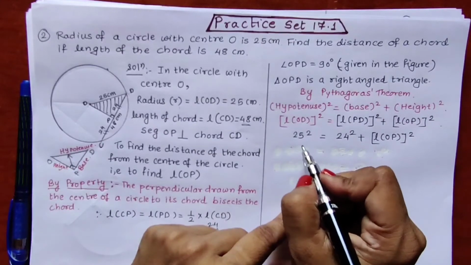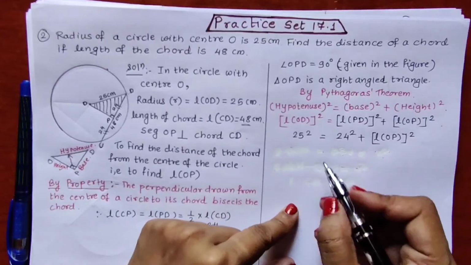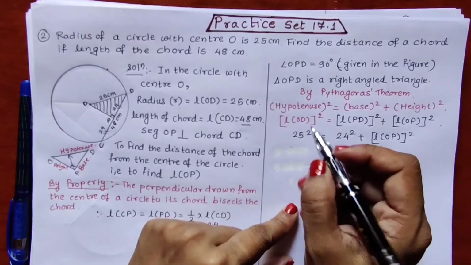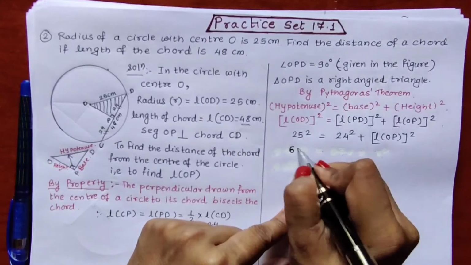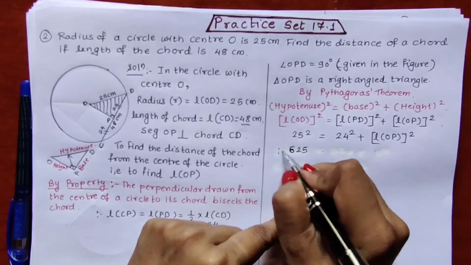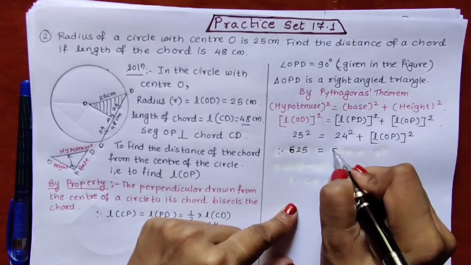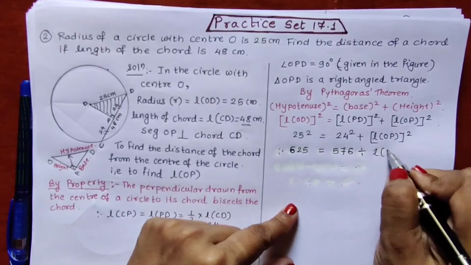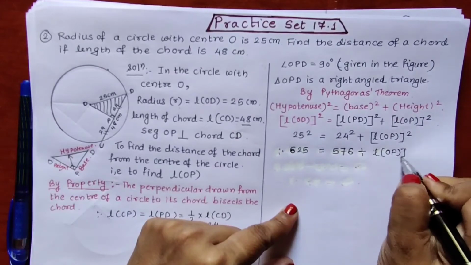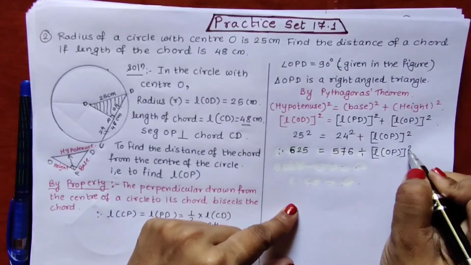If you have, you will write it directly; otherwise you will need to do the multiplication. So 25 square is 625, equal to 24 square, which is 576, plus length OP square, which we write as it is because we have to find the length of OP.